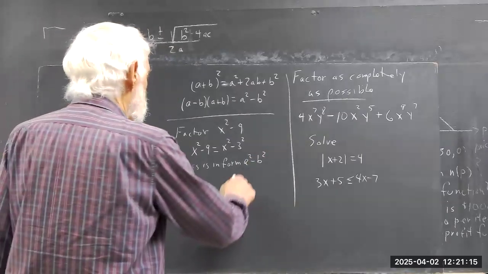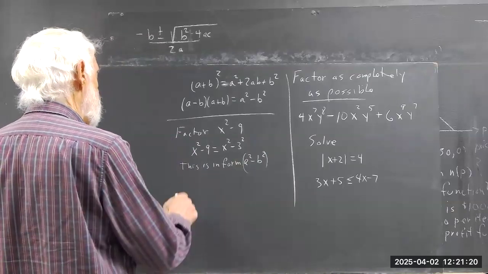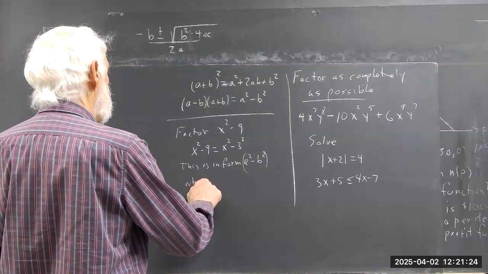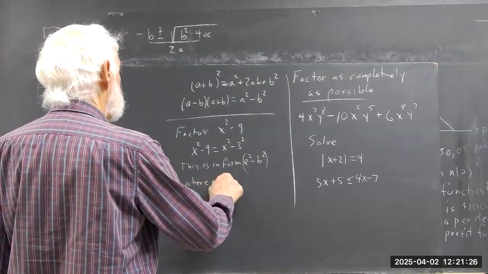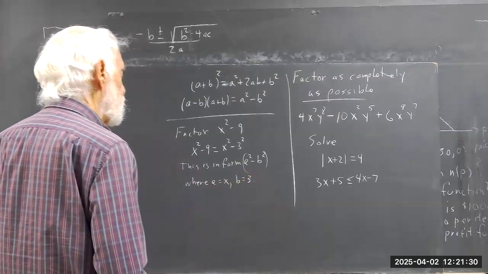Recognize this as being in the form a squared minus b squared. a equals x and b equals 3.